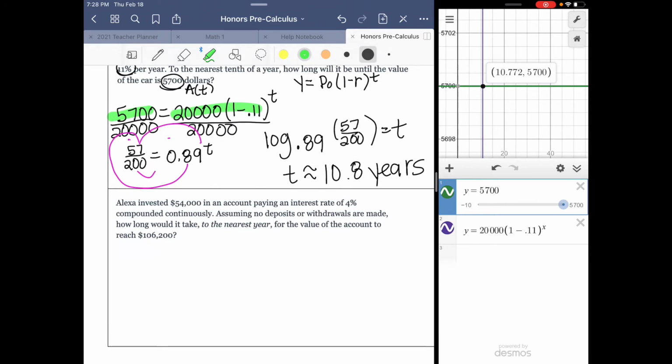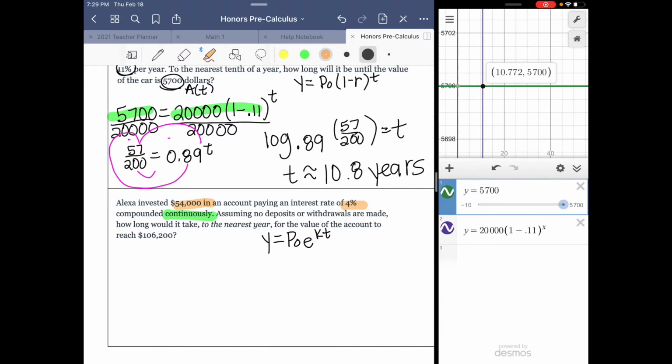All right, the next one: I started with 54,000, and I have 4% compounded continuously, so the keyword here is continuously. That means I'm going to use my continuous formula. You have K or R, whichever you prefer. Our initial amount is 54,000 at a rate of 4%.